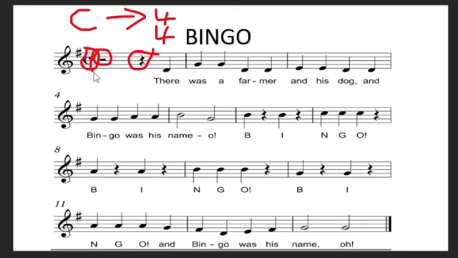So as you clap, ta ta ta ta ta ta ta. That is the song, the song of Bingo. This is a common song. You can see we have tried to indicate the rests in this rhythmic pattern.